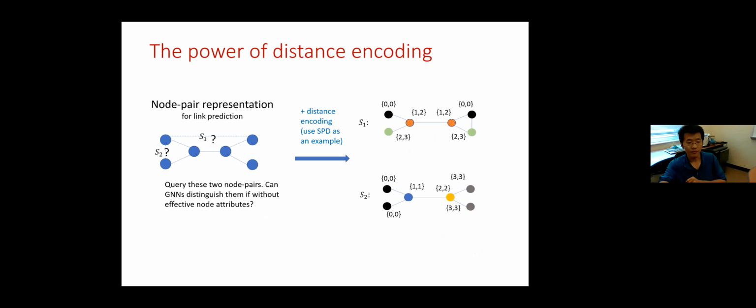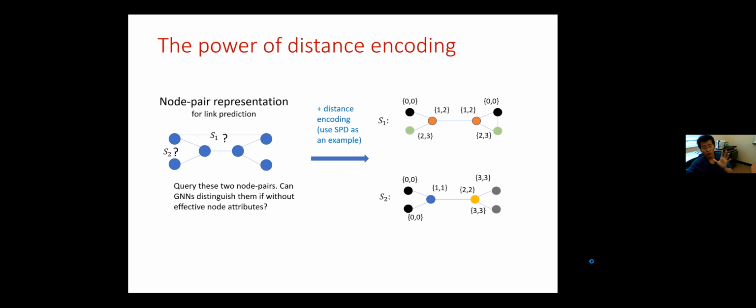Of course, another example is link prediction, where standard graph neural networks, even with infinite layers, cannot distinguish these two settings. But if we pair them with distance encoding, we can distinguish these two node pairs.